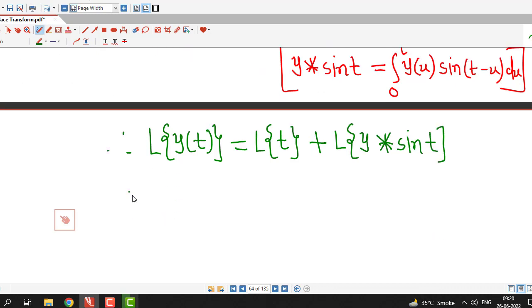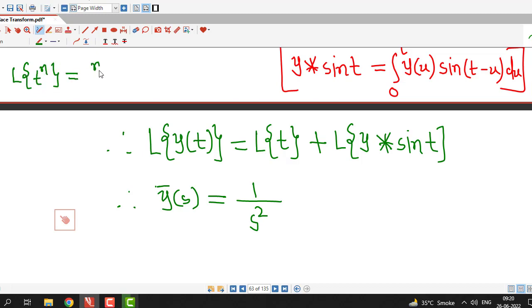We use the notation y bar s for the Laplace transform of y, and Laplace transform of t is 1 divided by s square. We know the formula for Laplace transform of t raised to n. If n is a natural number, it is n factorial divided by s raised to n plus 1, and here the power is 1, so we have 1 factorial divided by s square.